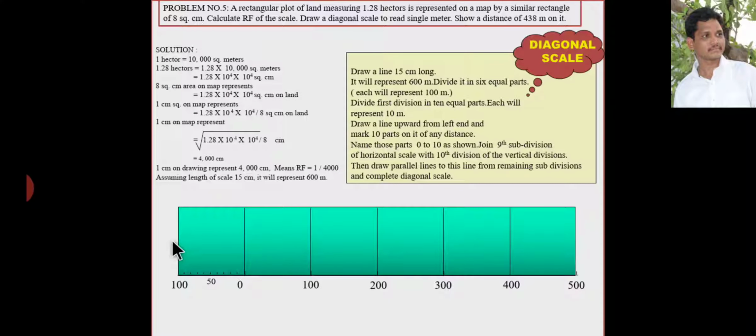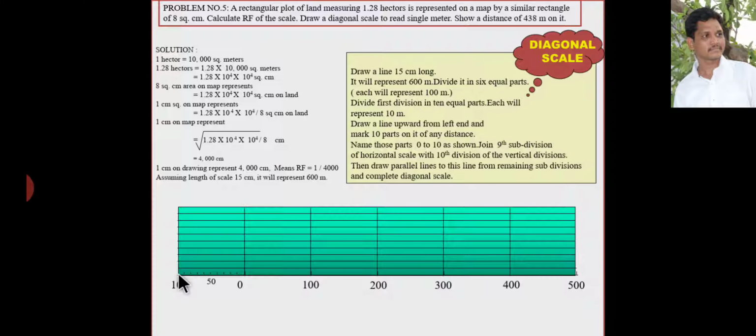This is the main division, this is a subdivision, and this is a subdivision of subunit. You have to consider a vertical height of 5 or 10 centimeters and divide it into 10 horizontal lines, that is 10 equal parts, and join diagonal lines like this.